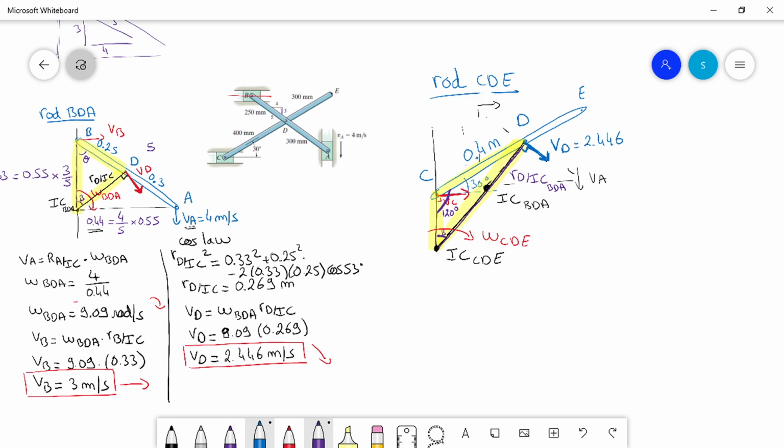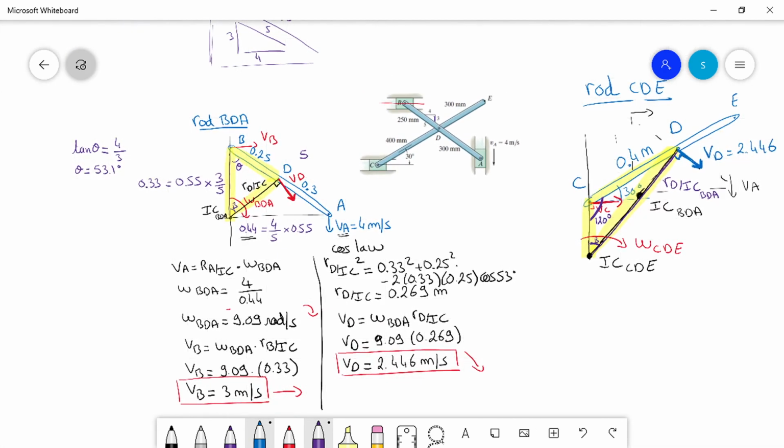So to find beta, we can use this triangle. Let's come back to this triangle to find beta. We can use the sine law. The sine law says that sine beta divided by the opposite side, so 0.25, is equal to the sine of the theta that we found before, divided by the RD about IC, that is there, that is 0.269.